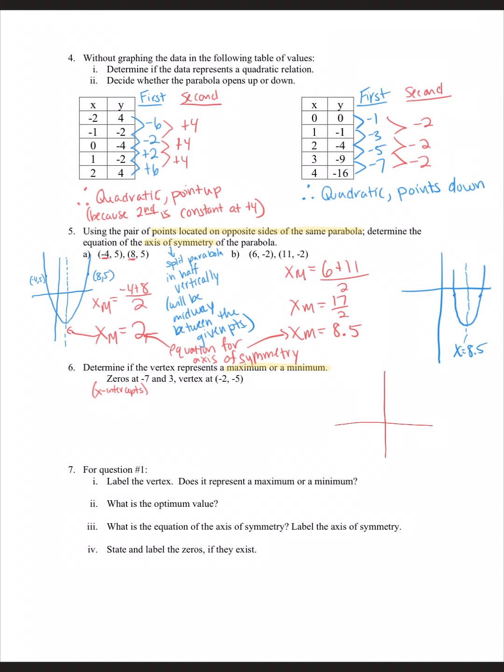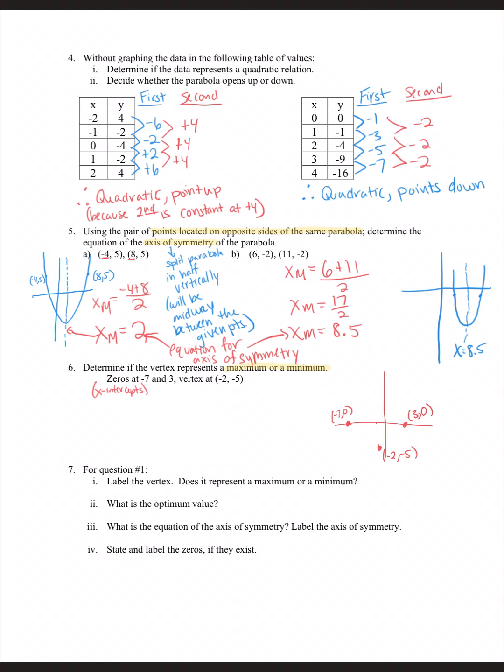We have zeros at -7, so we'll say an x-intercept here at -7, so we can say (-7, 0). And then we have another zero, or x-intercept, at 3. So maybe like right there. Then it says we have a vertex at (-2, -5).